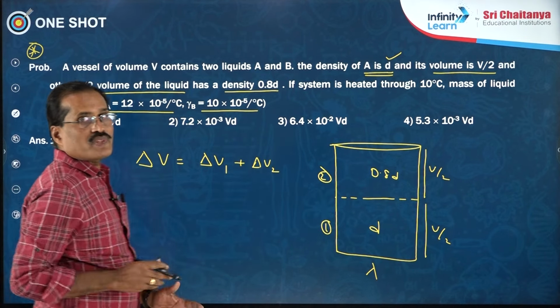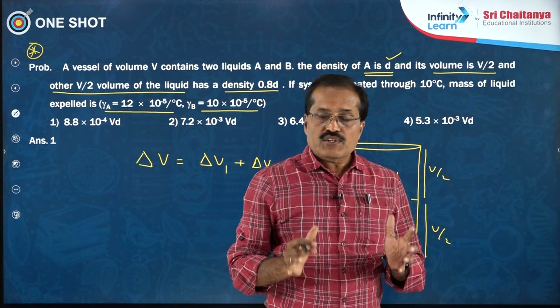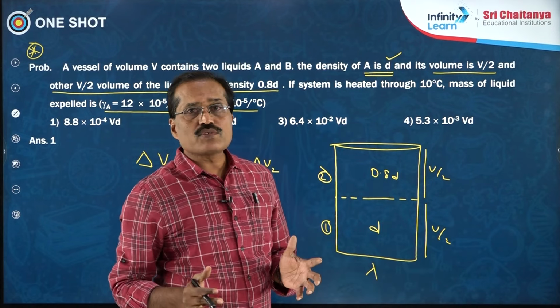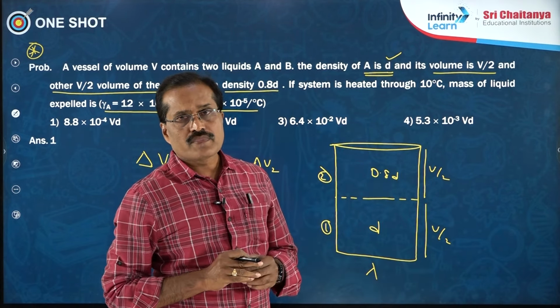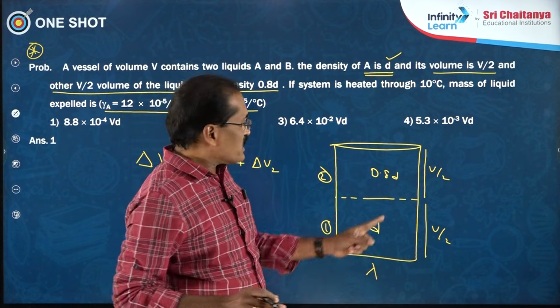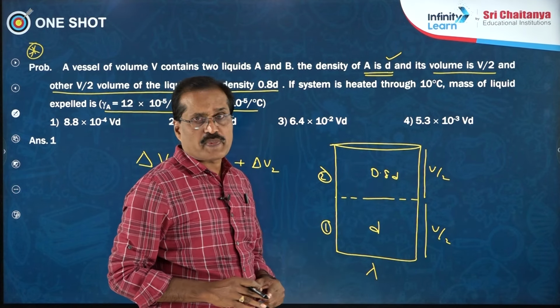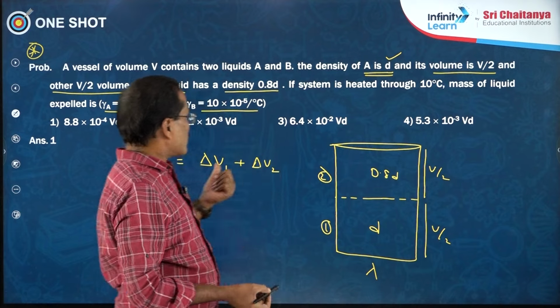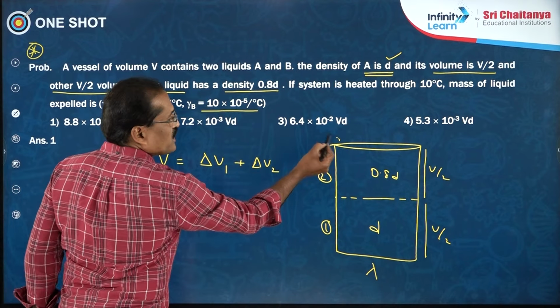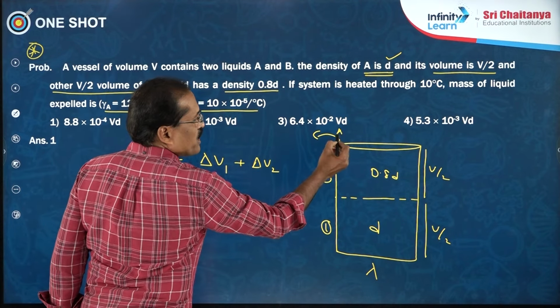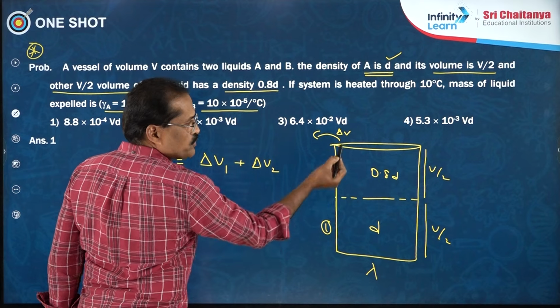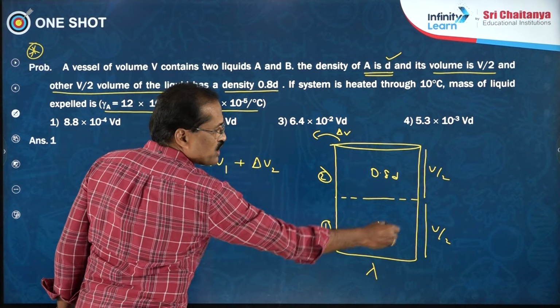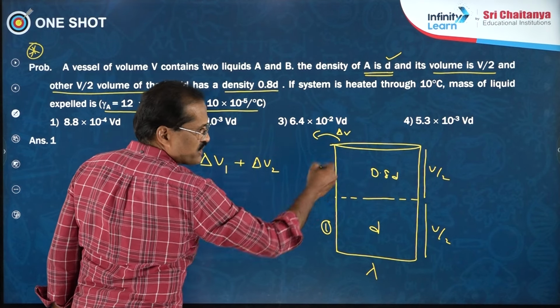For example, the total liquid expansion together is something like 20 cc. It is not that this one expands 10 cc and this one also 10 cc; that depends upon the nature of the liquid and the coefficients. But together, how much liquid overflows, the volume of the liquid expelled, is equal to the total volume expansion of the given liquid.